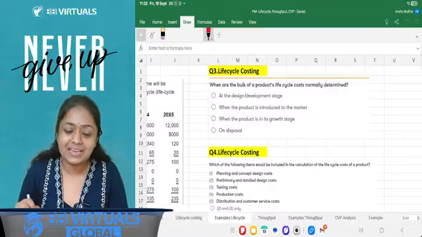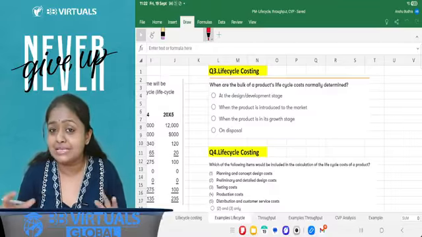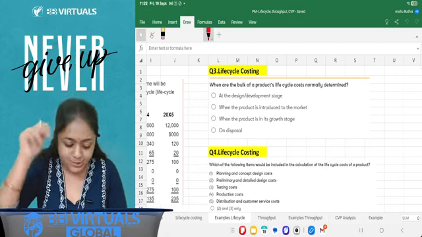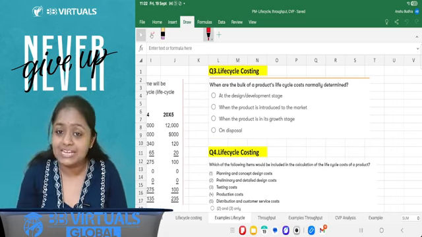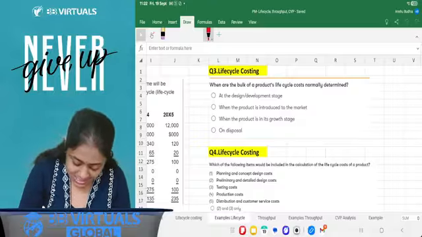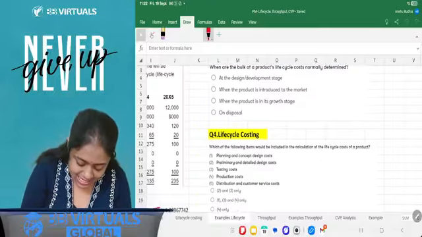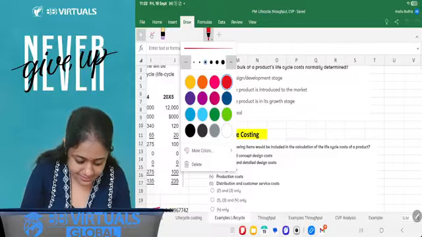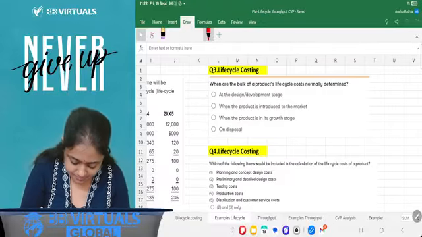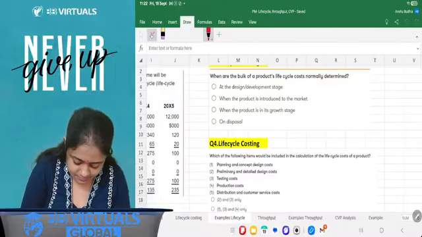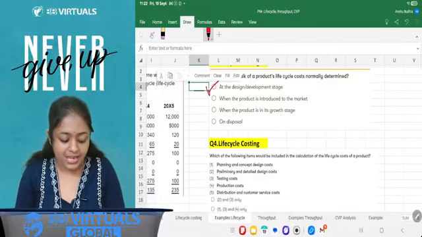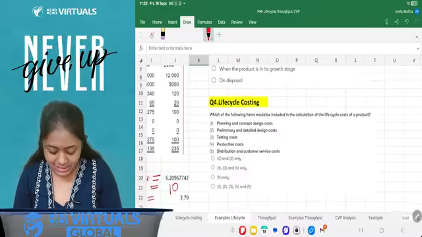Okay, which is the correct answer that we have decided? Where is the major cost incurred? Absolutely correct. Design and development phase. Yes, so the answer here is the design and development phase. Absolutely correct. Let's go to the next one.